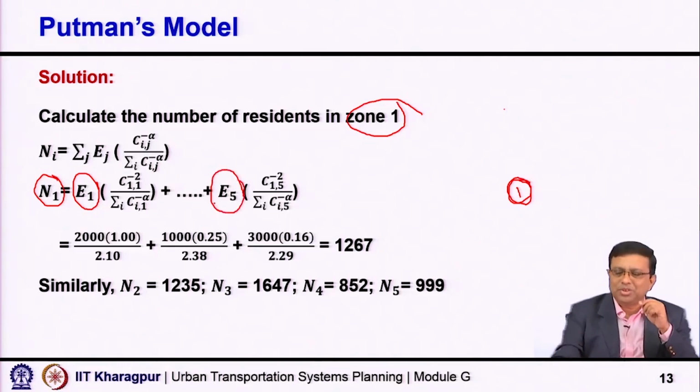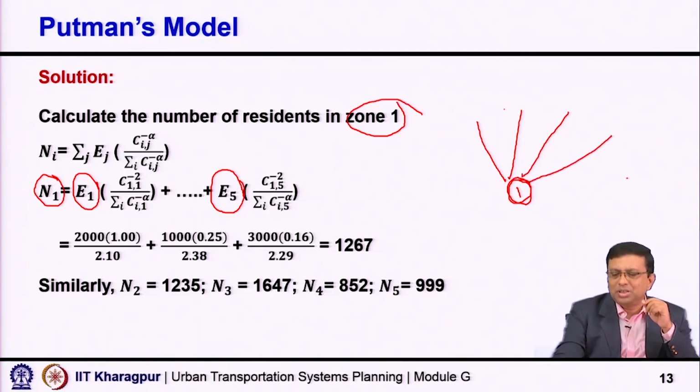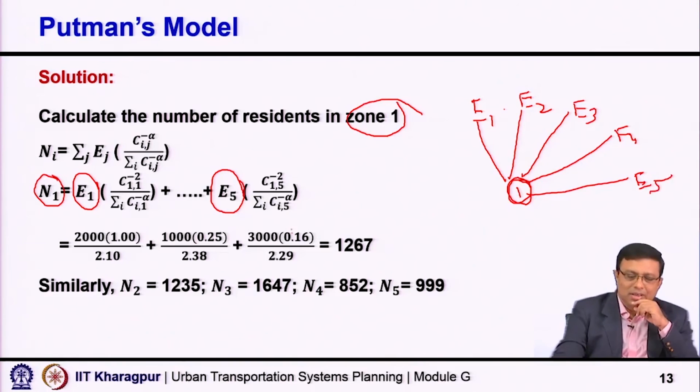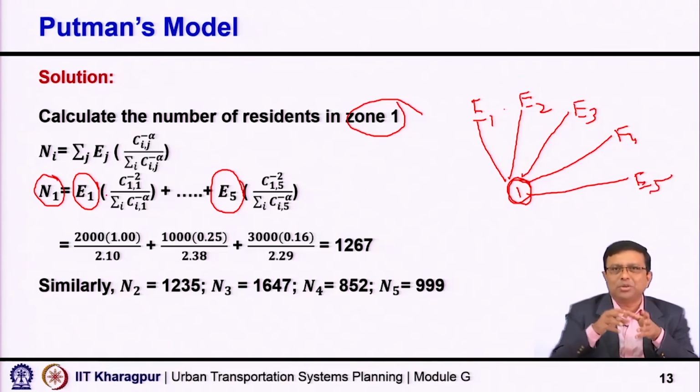So it will try to attract from all the 5 zones, E1, E2, E3, E4, E5, taking a fraction of each.